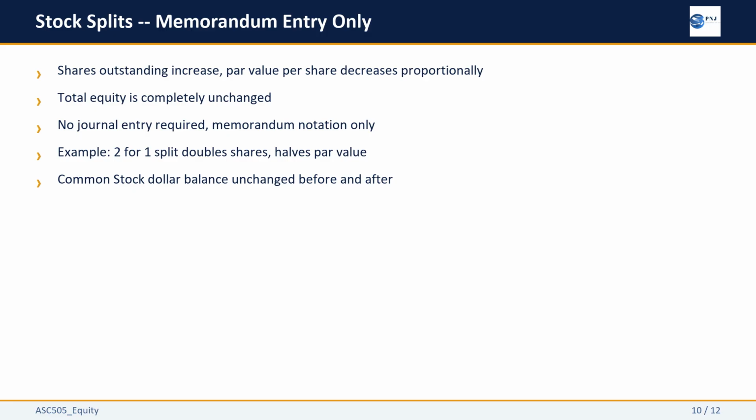The only required accounting is a memorandum entry noting the new share count and the new par value per share. For a 2-for-1 split, 1 million shares at $1 par become 2 million shares at 50 cents par. The common stock balance stays at $1 million. Total equity, unchanged.